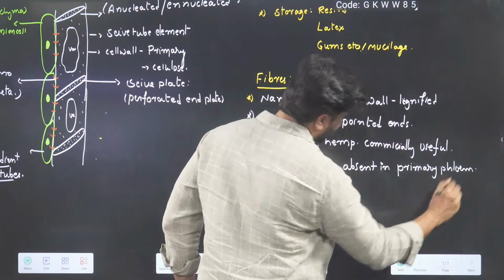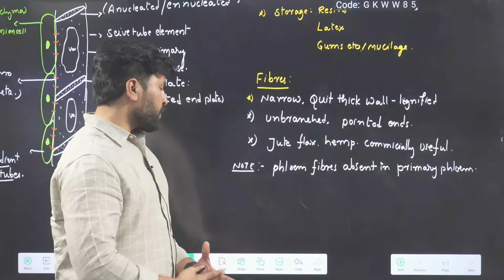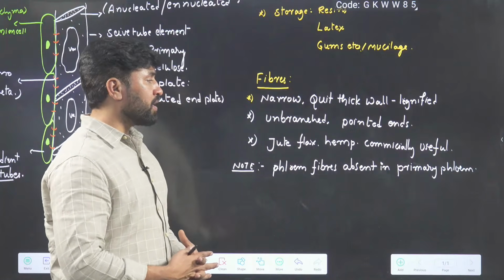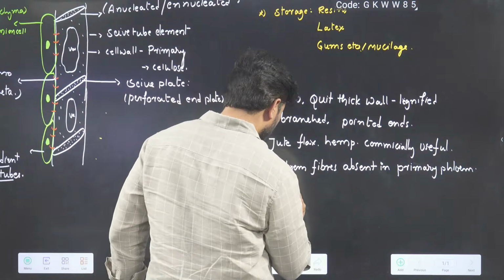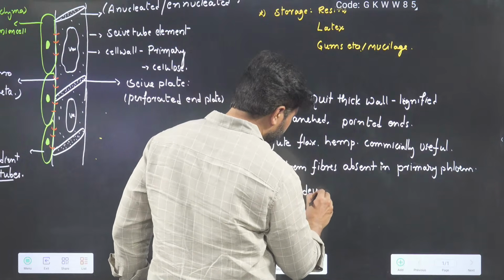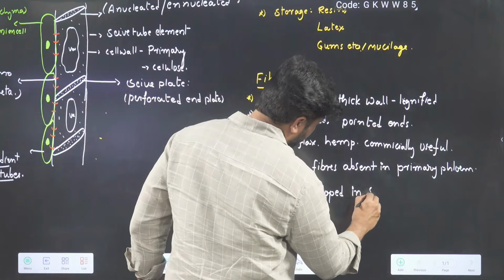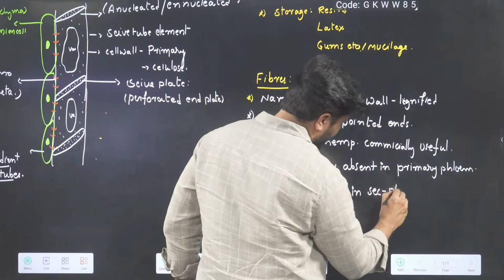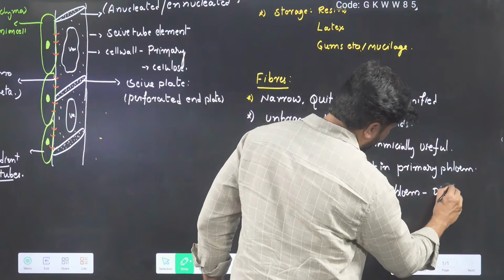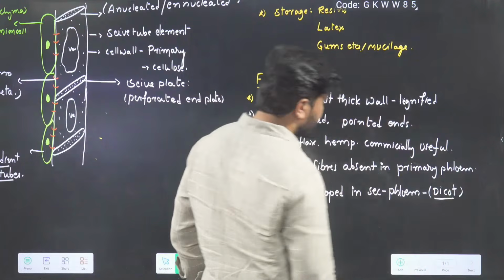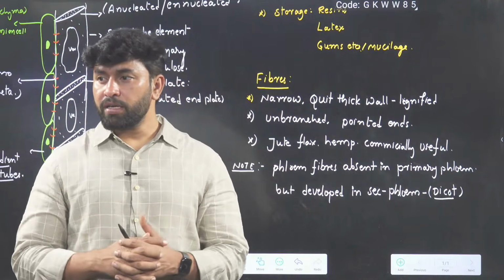Who is secondary phloem? Anyhow, I will explain later. Keep it in mind. Phloem fibers are absent in primary phloem, but developed in secondary phloem.